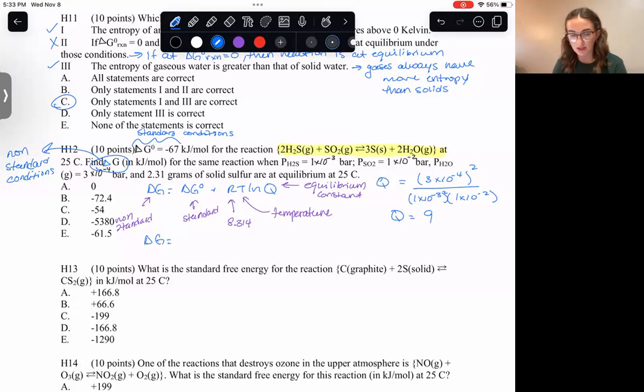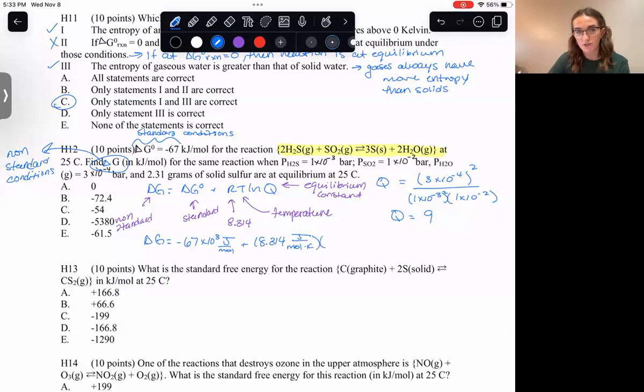So your delta G is in kilojoules while your R is in joules. So I tend to make everything into joules rather than trying to convert everything into kilojoules. So I would say this is negative 67 times 10 to the 3 joules over mole. Plus your R value, we said was 8.314 joules over mole Kelvin.